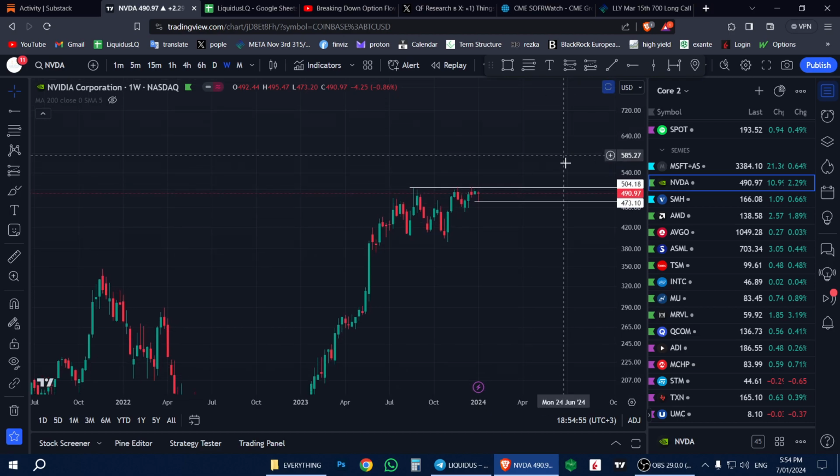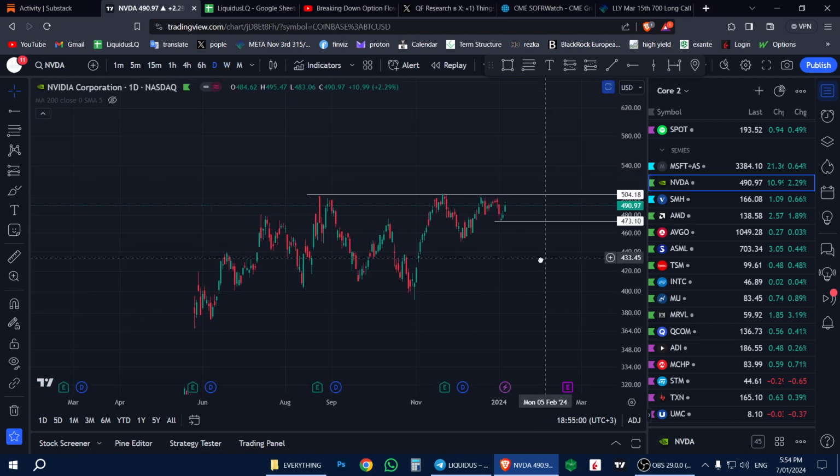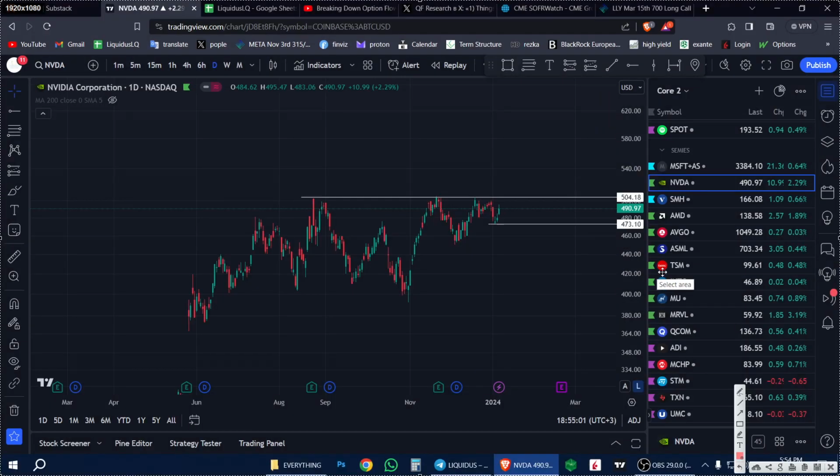And now, this is very interesting, honestly. For two straight earnings reports, right here and right here, this was your first cyclical all-time high for Nvidia. We came into that. We actually made nice money on the 480, 500 call spread.